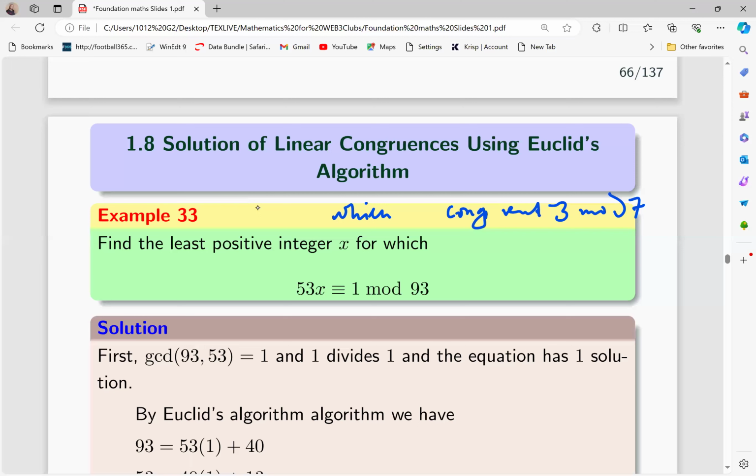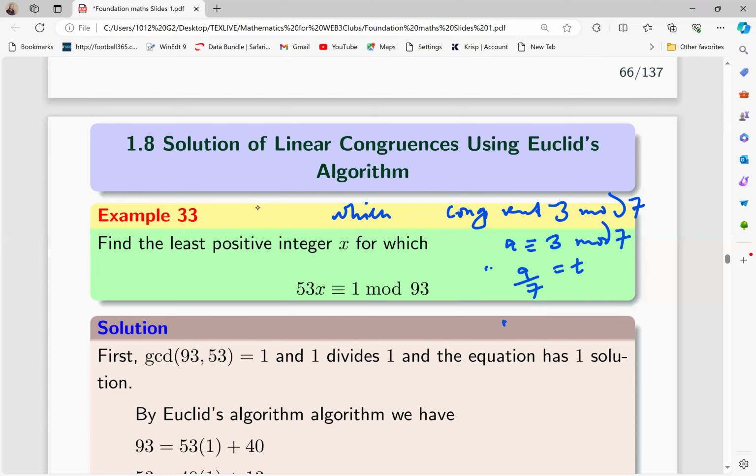So like yesterday, how are we going to do it? We said this is the same as number A is congruent to 3 mod 7. So you're asking yourselves, what could this A be? We say this A could be any number such that A divided by 7 gives us T, and the remainder is 3.